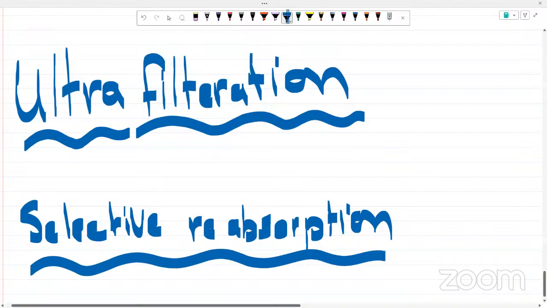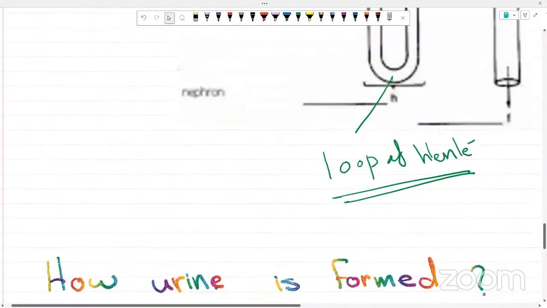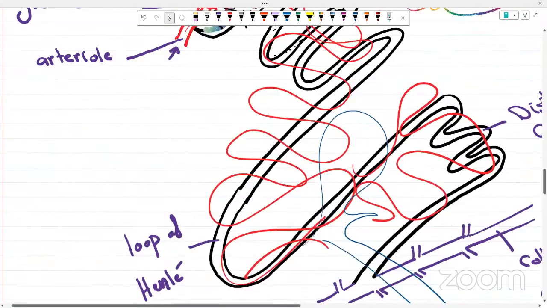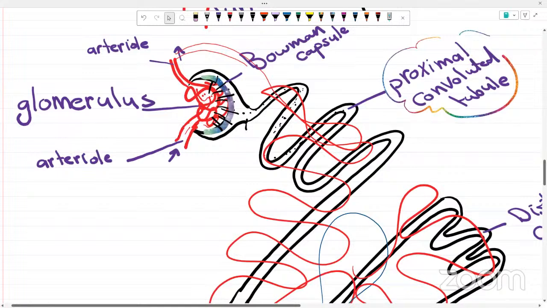Selective reabsorption of what? Of all amino acid and glucose. It will be reabsorbed where? To the blood. And this explains now why a lot of blood will be surrounding the proximal convoluted tubule, to reabsorb the glucose and amino acid back to the blood one more time.